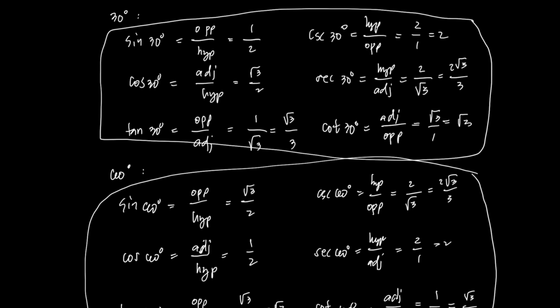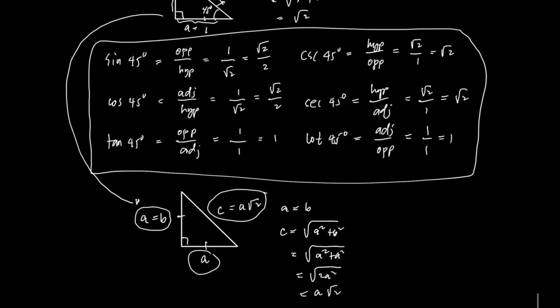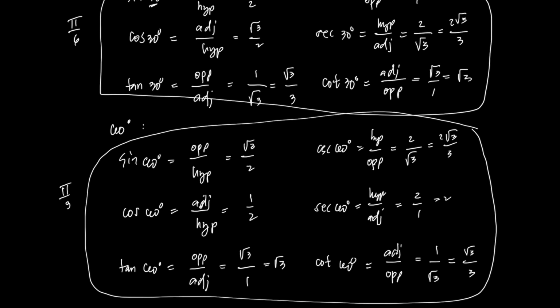Okay, again, the 30 degrees is pi over 6, and the 60 degrees is pi over 3. Also, the 45 degrees is pi over 4. If you are not comfortable using degrees as your angle, you can use pi, because degrees have correspondence in pi radian based from our previous lesson.